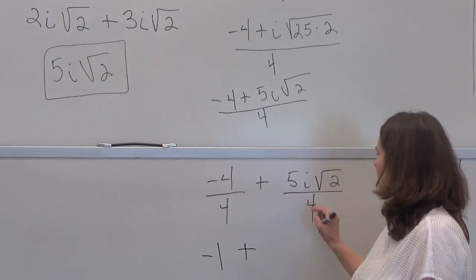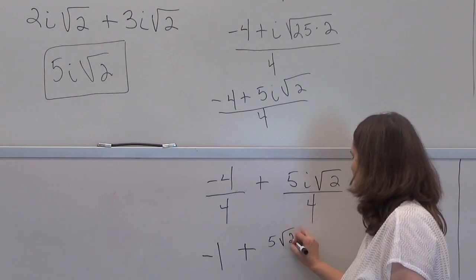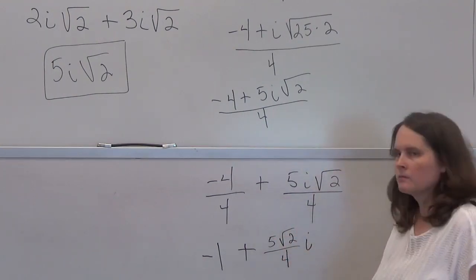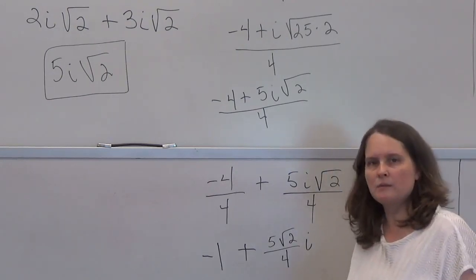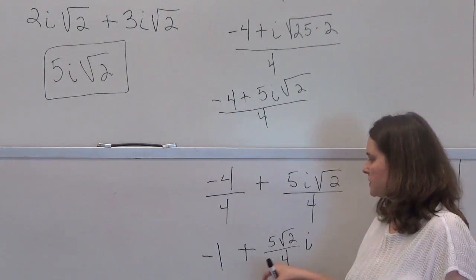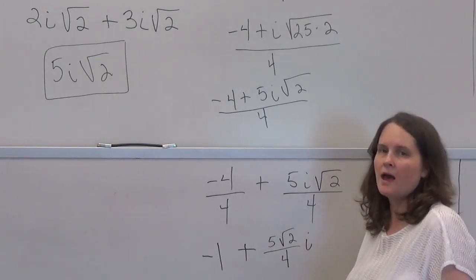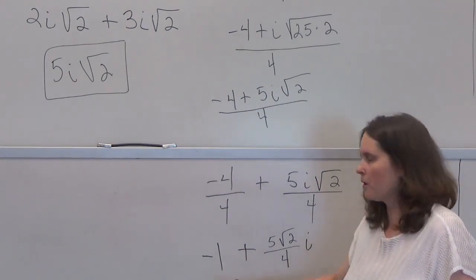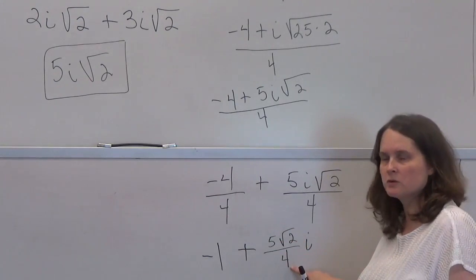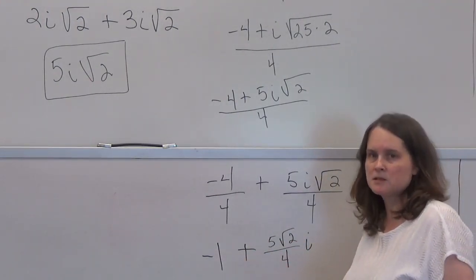And then over here, we can write this as 5 square root 2 over 4 times i. So you might ask, why did I move the i after the square root? Well, because I have to be very clear about where the real part is and where the imaginary part is. a is negative 1, that's the real part. My imaginary part is the coefficient on i, the 5 square root 2 over 4. So that's my answer in the correct a plus bi form.